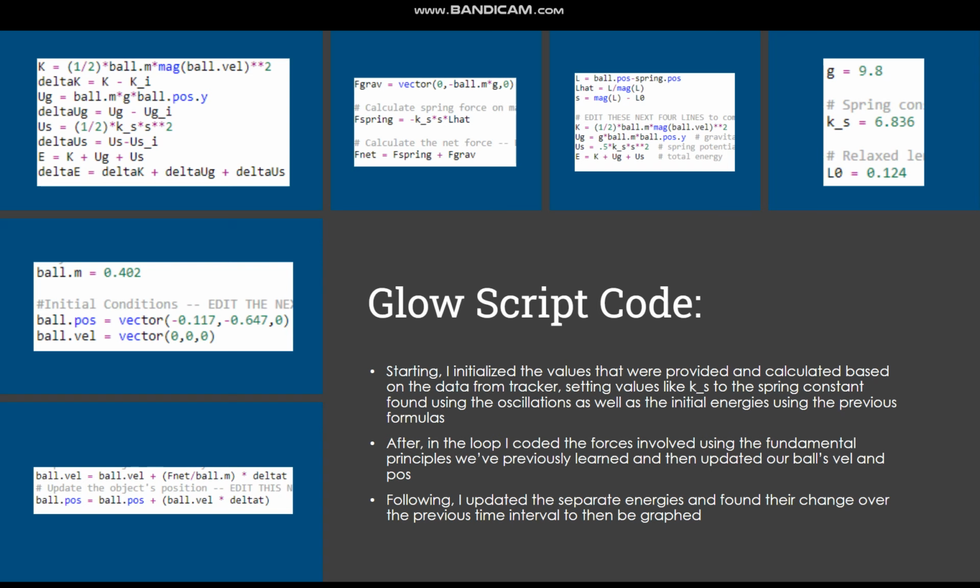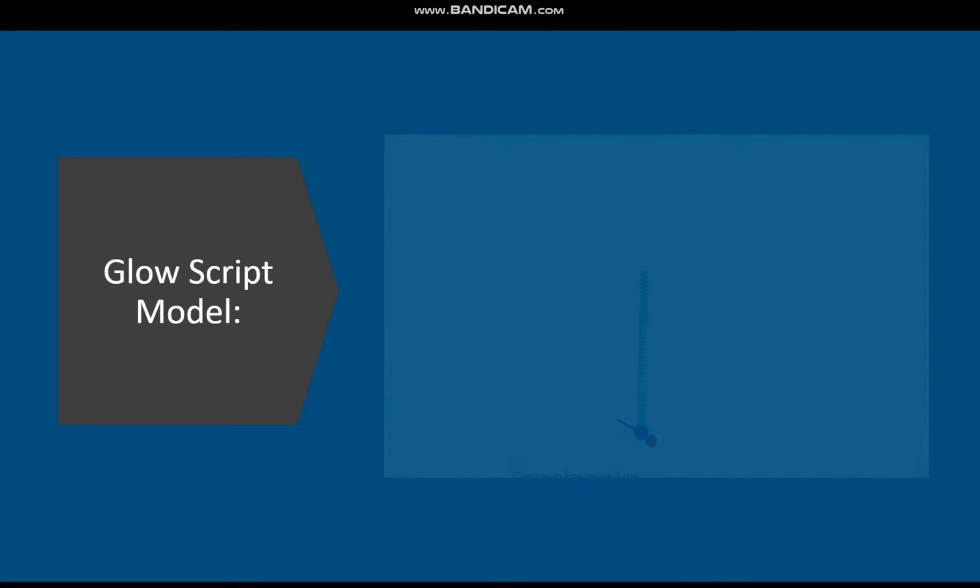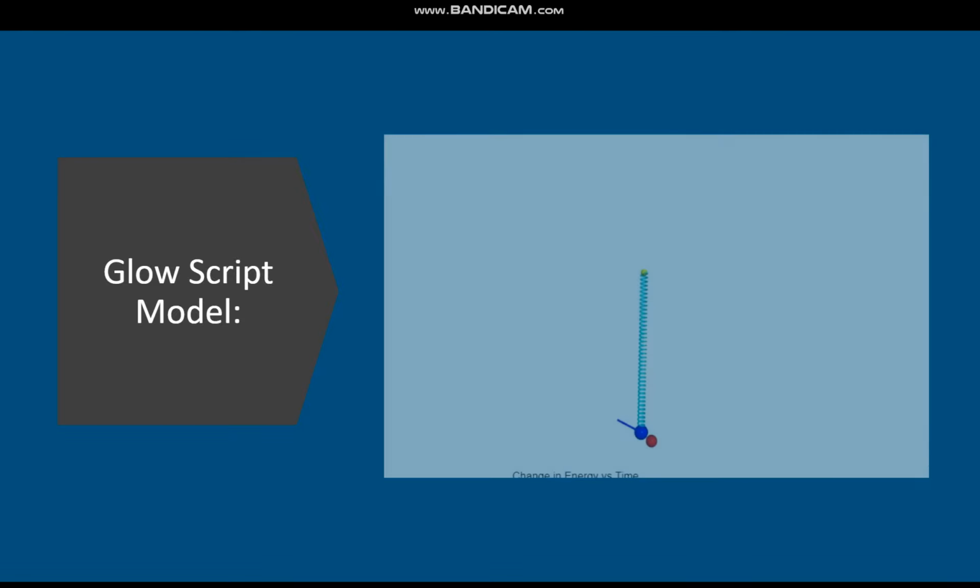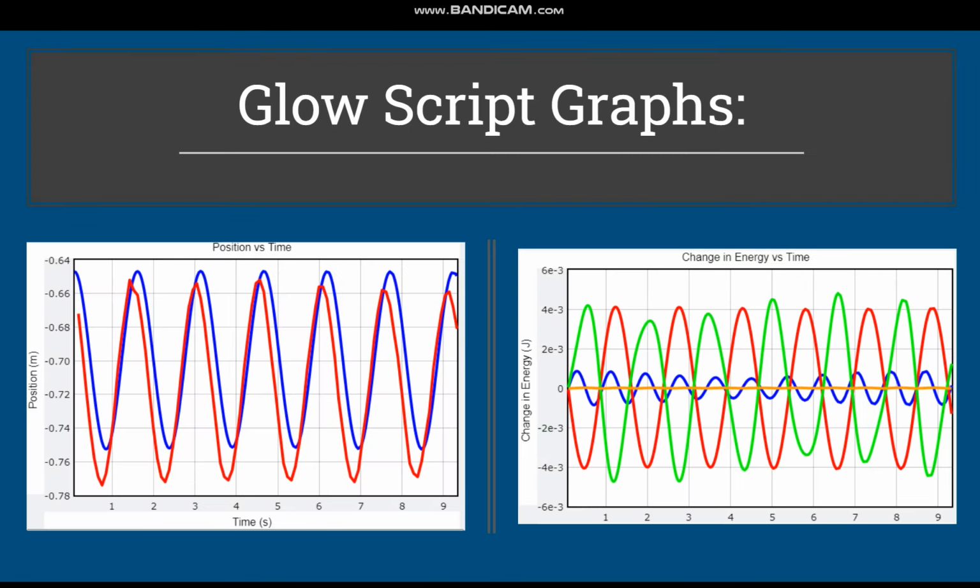After, in the loop, I coded the forces involved using fundamental principles we've previously learned and then updated our ball's velocity and position. Following, I updated the separate energies and found their change over the previous time interval to then be graphed. And here's some code surrounding the page. GlowScript model. So that's kind of what that looks like.